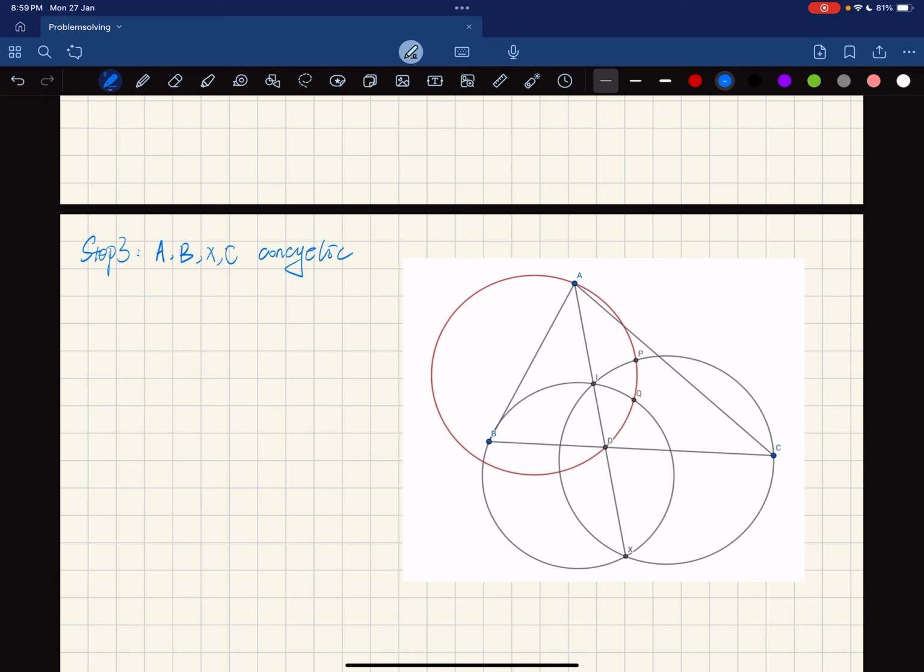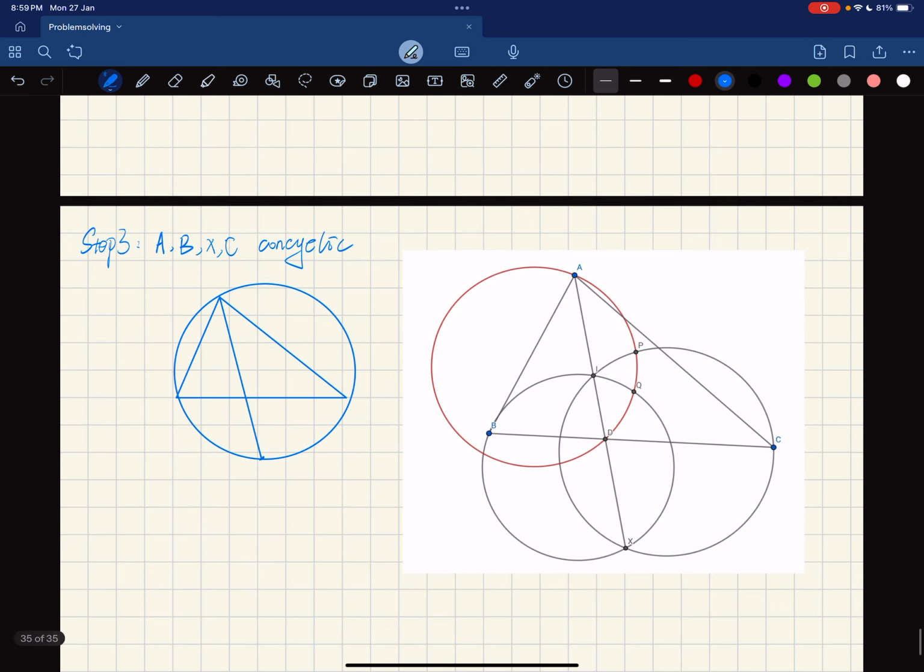How can I claim this? Have you ever seen one model like in a circle, with a triangle inside, and then its angular bisector here?